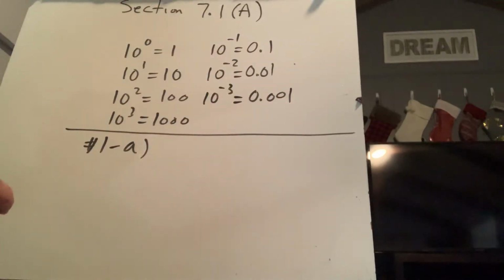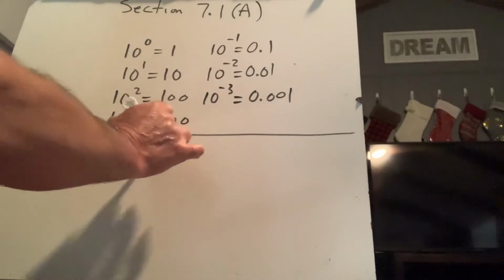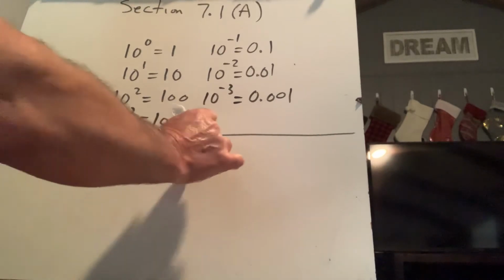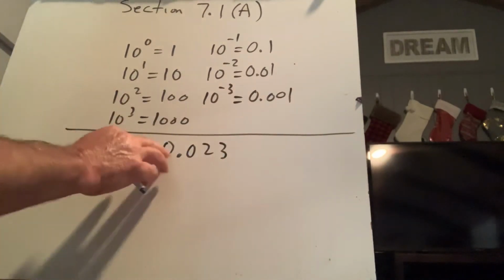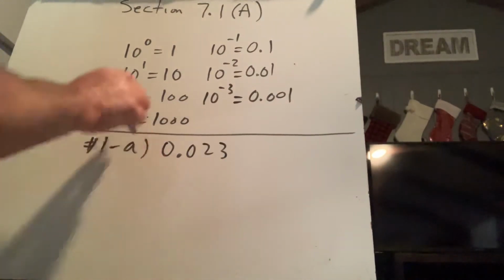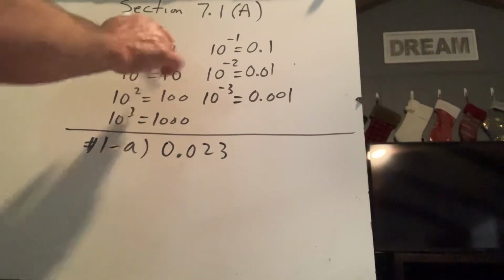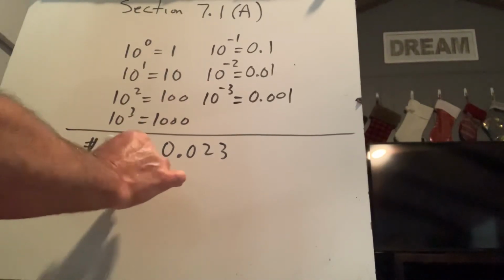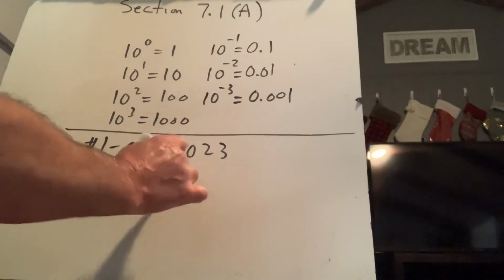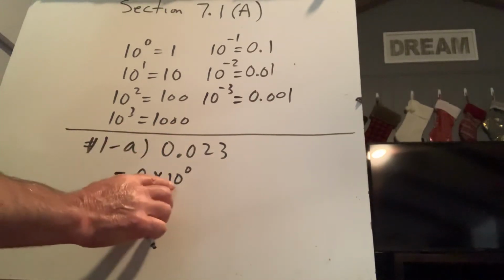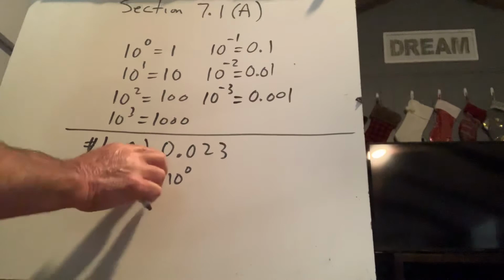So the number in part A is 0.023. So we can see 0, of course, is in the first place. But remember, first place is indicated by 10 to the 0. So we're going to write this as 0 times 10 to the 0. By the way, that's just 0, obviously. Remember, anything to the 0 is 1. So, of course, 1 times 0 is 0.